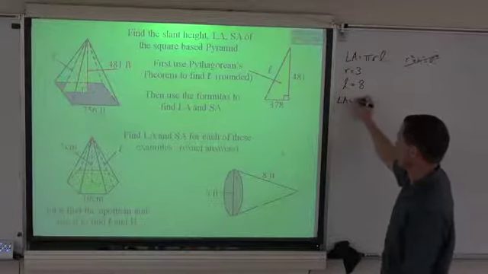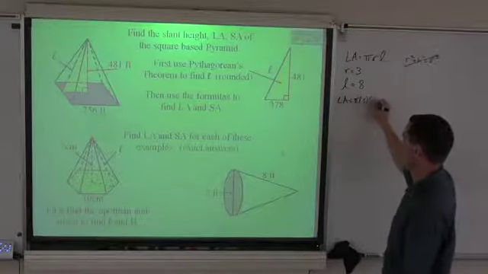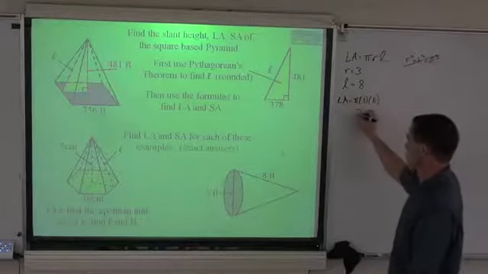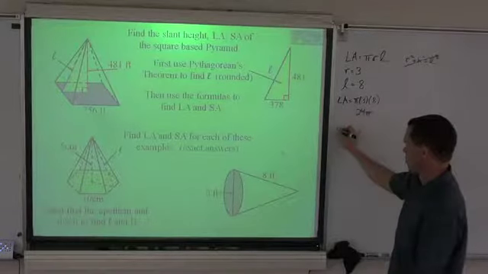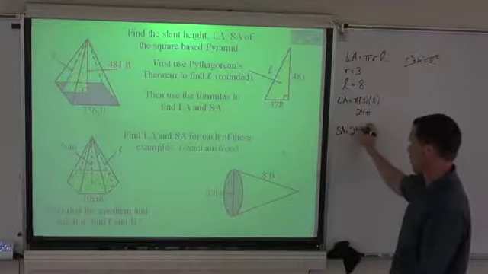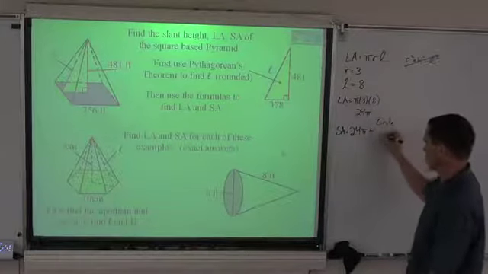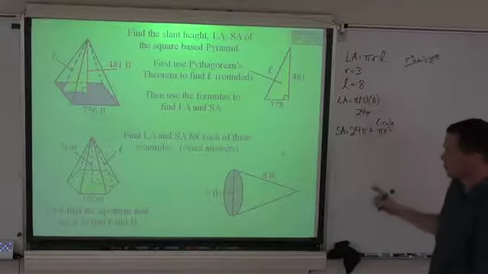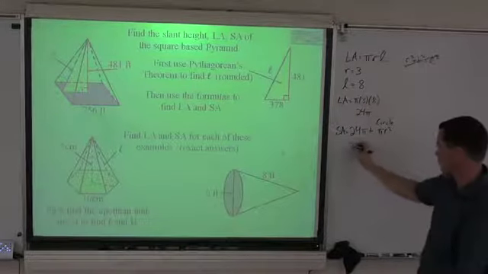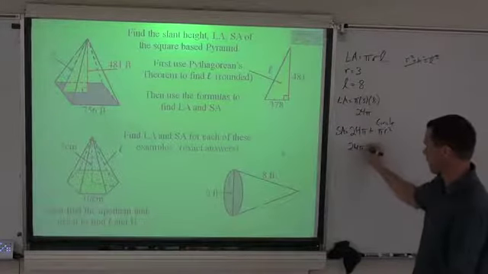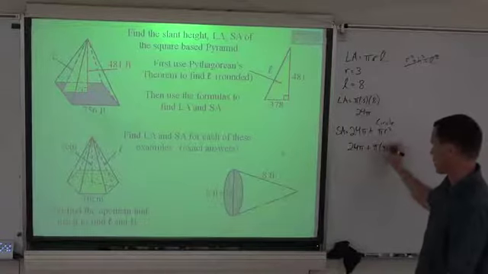LA equals pi times 3 times 8. 24 pi. My surface area is just that 24 pi plus a circle, which is just pi r squared. Well, we already know the radius is 3, so we have 24 pi plus pi times 3 squared.